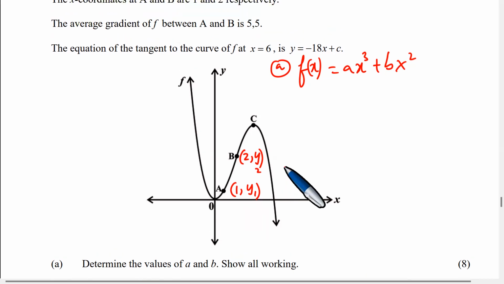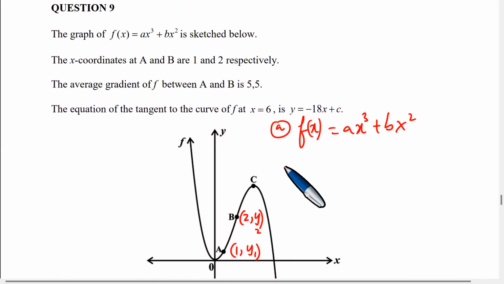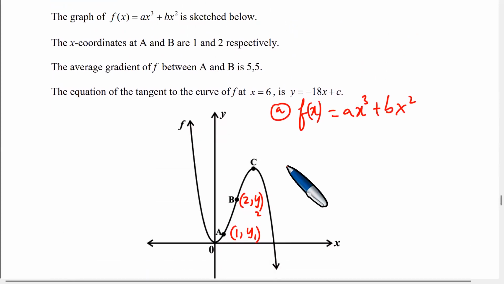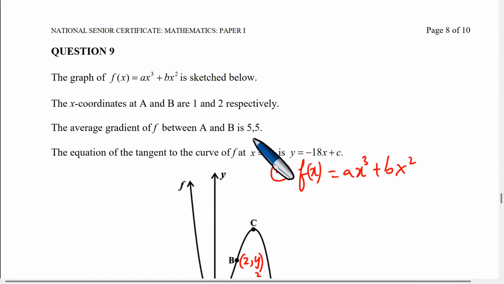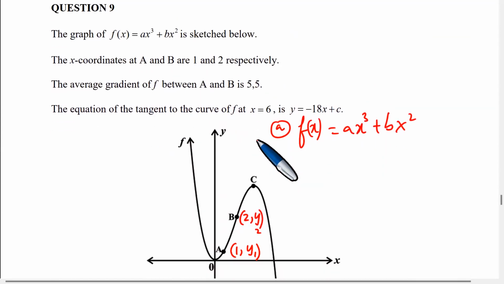We need to identify the points, the information that has been given in the diagram, so that we're able to solve this question and get our distinctions and get our hundreds in the matric exams, because this is very important. This is question 9 of this paper. Let's get started.